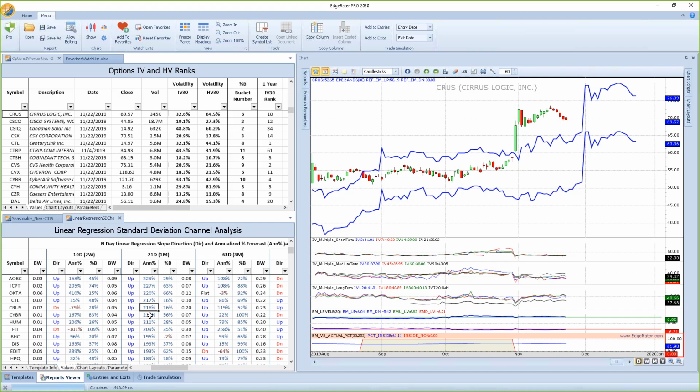And you can update EdgeRater, right? Yeah, you can hook it up to Thinkorswim and it will update, so it gives you the data real time. So again, if you can do a scan on that earlier, that'd be even better, right? Yeah. So we're looking for things that are outside the expectation levels.